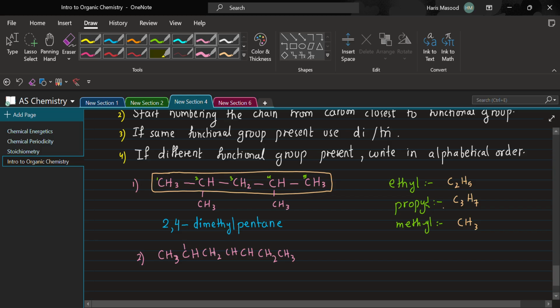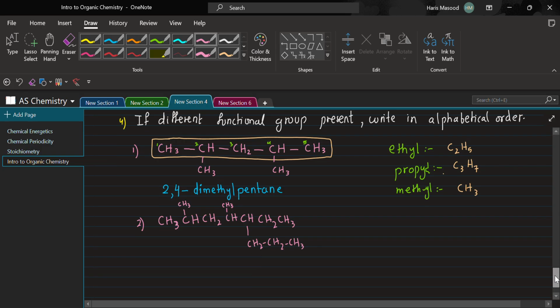On this carbon I'm drawing a methyl group. On this carbon too, and on this carbon I'm drawing a propyl group: CH2, CH2, CH3.